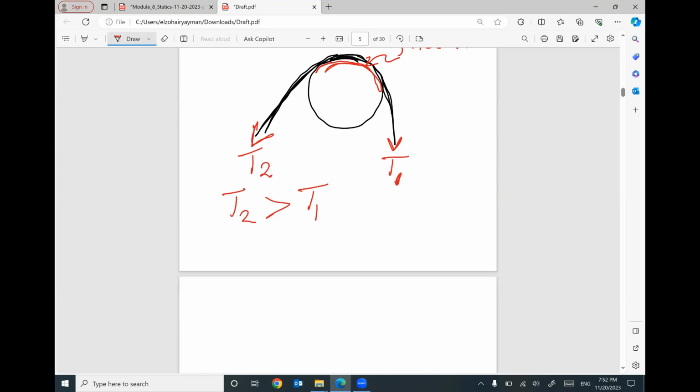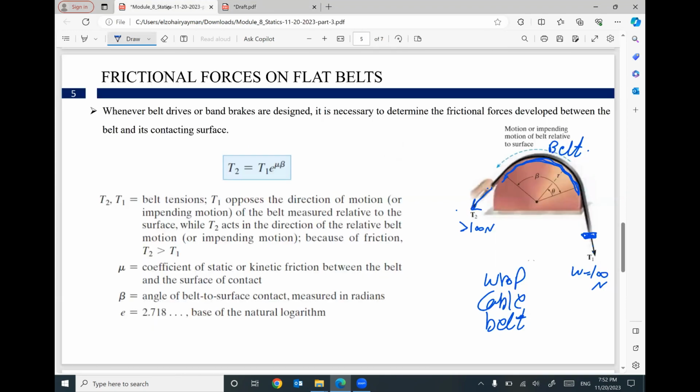The relationship between T1 and T2 is given by this relationship. T2, which is greater, equals T1 on the other side times e to the power mu times beta. e is a mathematical constant equal to 2.718, or 2.7.